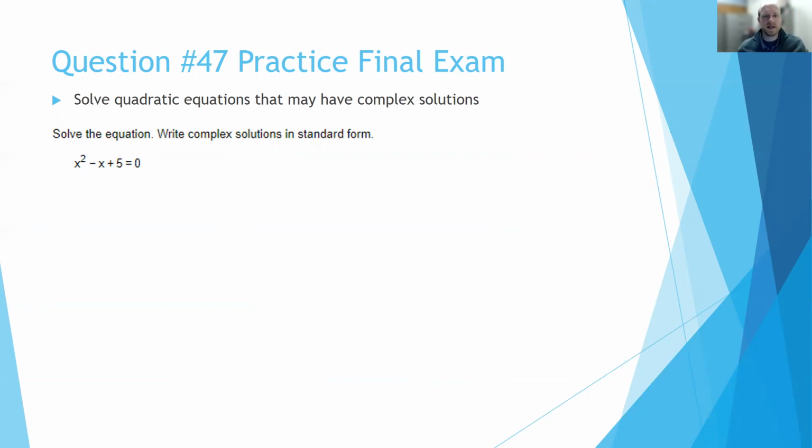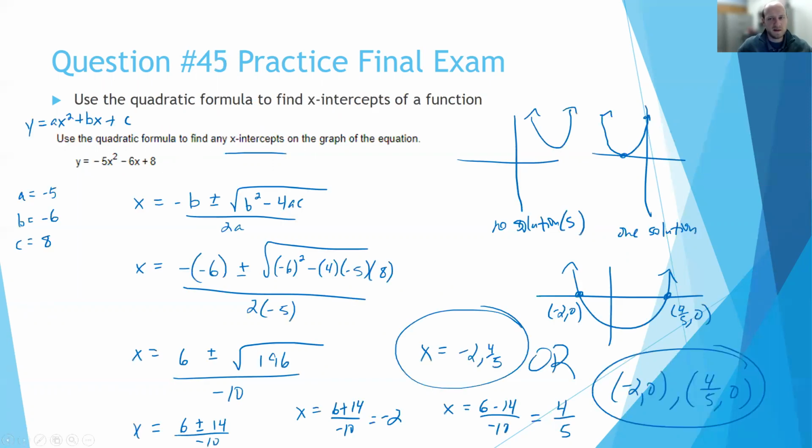So solve quadratic equations that may have complex solutions. Okay, and again, a quadratic that has complex solutions looks like this. When we had this, it should be no real solutions. This would be one real solution.